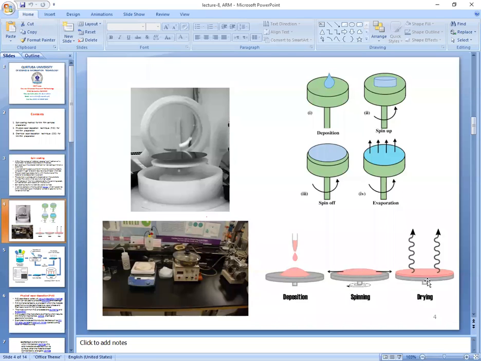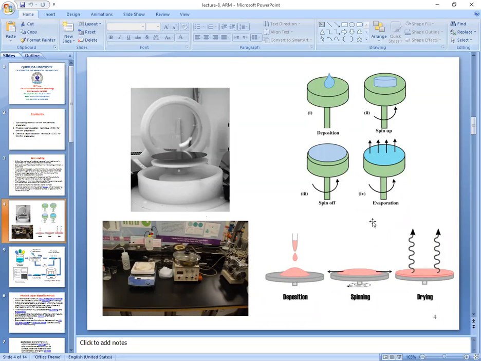After drying, after heat treatment, the unwanted chemicals, like an organic solvent, are evaporated with the help of heat treatment. So this is spin coating, and it is utilized everywhere.